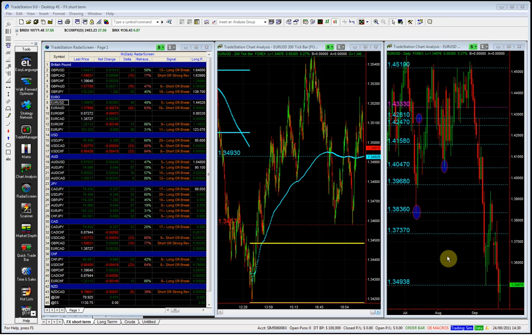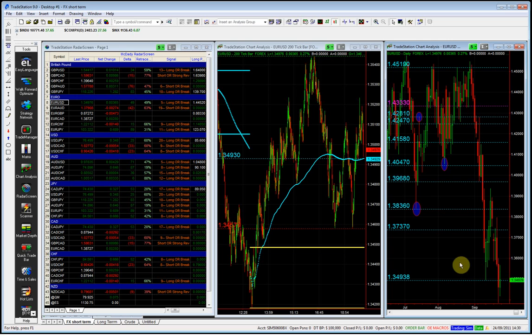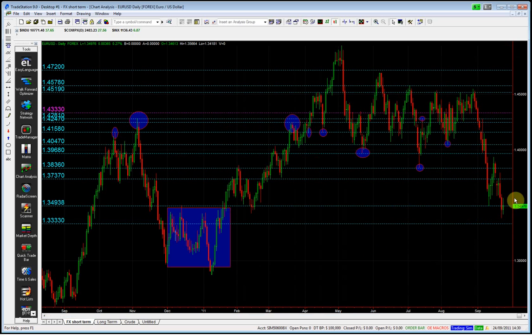Aussie and the CAD have been weaker than the Euro, which is why this Euro dollar doesn't look quite so aggressive to the short side, but you can't argue that it hasn't done a bad job. We've been here before in this Euro dollar, in Jan, Feb this year.